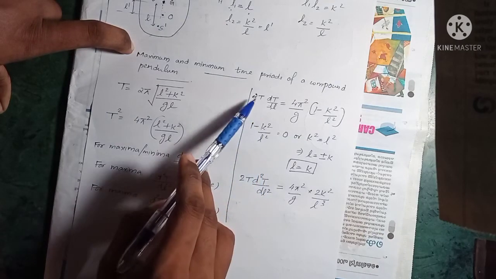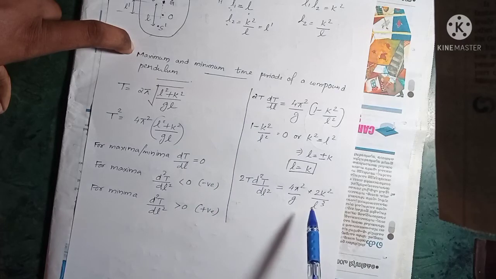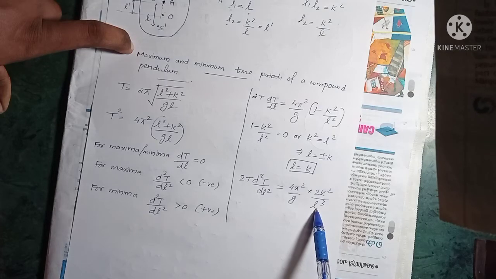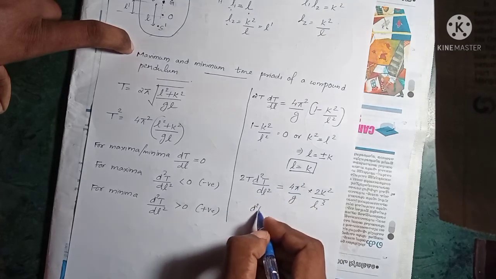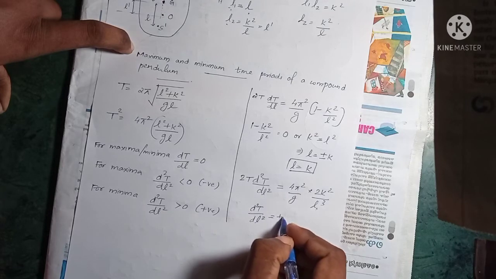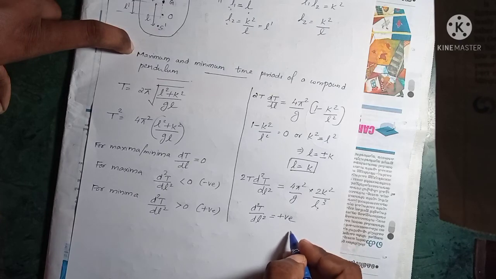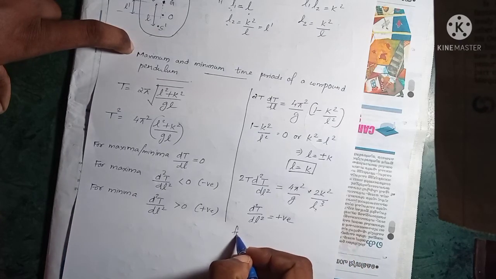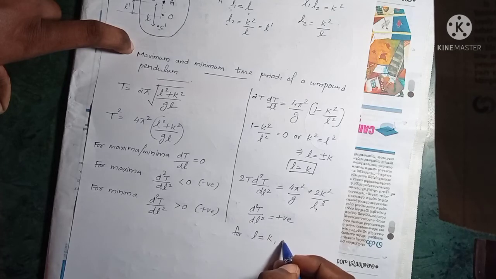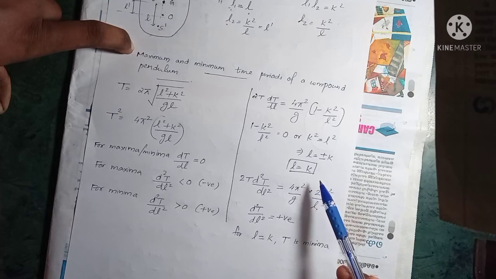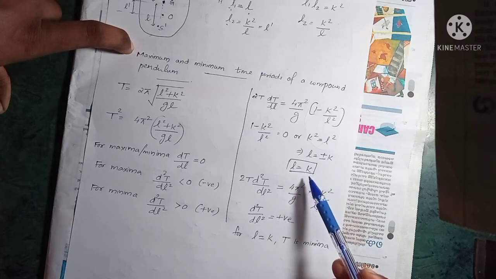Substituting the value of L equals K here, we get d square T by dL square positive. The double derivative is positive, which means for length L equals K, the time period is minima. So this is the L value of the compound pendulum for which time period is minima.